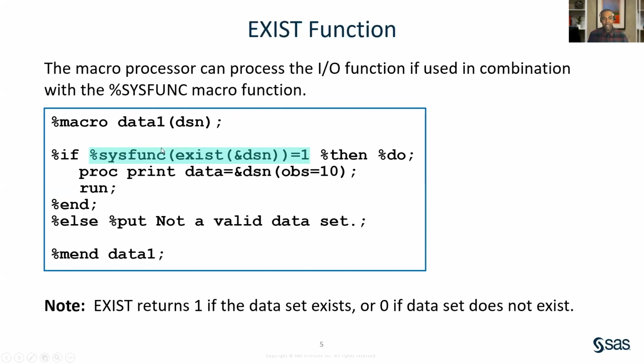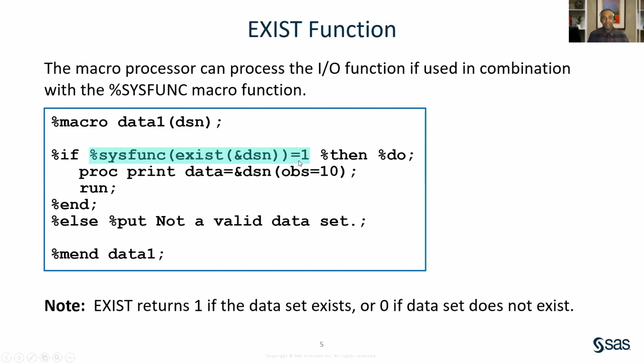Here's an example of a macro program that references a data set, and we are illustrating the EXIST function. We have one positional parameter, and here's the test in the macro program: %if, %sysfunc, we are using %sysfunc to invoke the EXIST function on the data set, checking to see if it's equal to 1.